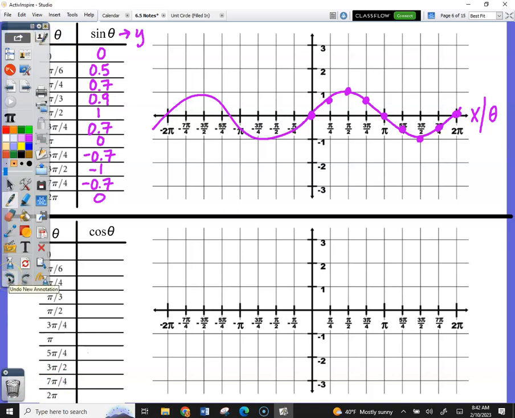There's a pattern to it. Come on, back up. All right. So this is going to go to about 0.7, and it's going to go to -1. You see the pattern? Every other one is 0.7.